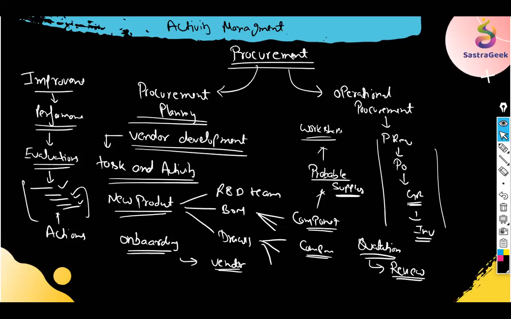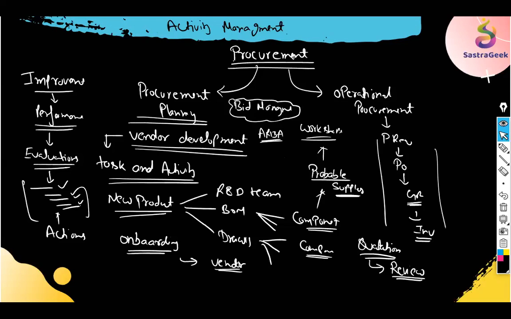On the left-hand side they also do bid management, creating bids and getting a good vendor for it, and a lot of things they do with vendor collaboration. So all those things are the procurement planning part. The advanced parts would be available through Ariba.